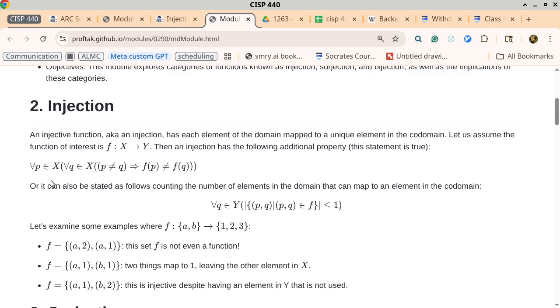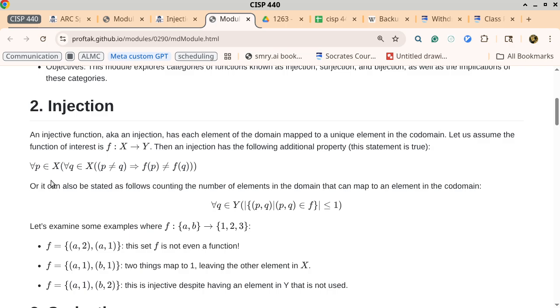What that means is, if I choose an element p of x and an element q of x, p does not equal q implies f of p does not equal f of q. Yes, it depends on the function, and that's why some functions are injections and some functions are not injections.